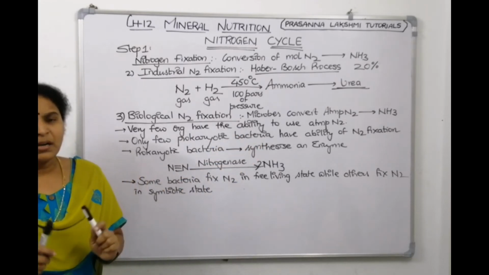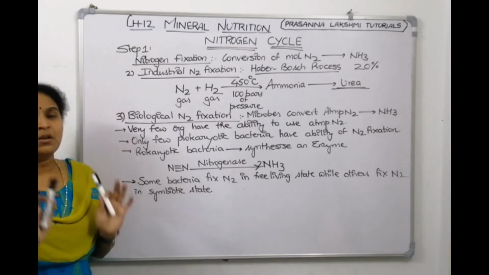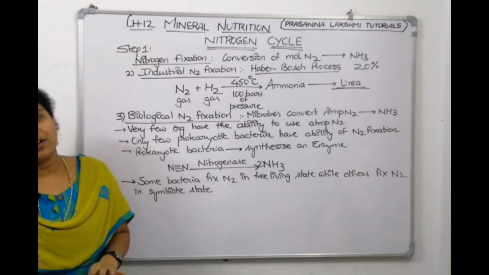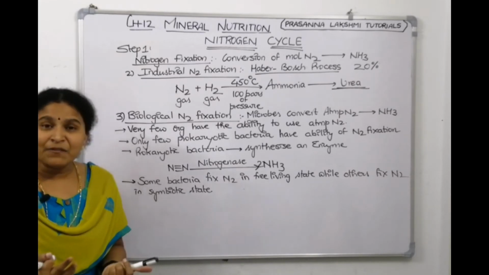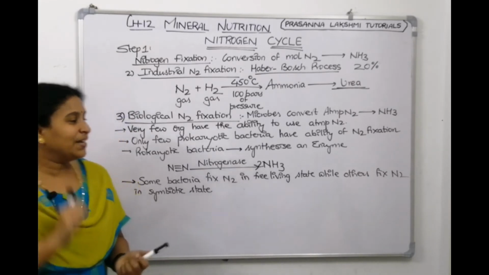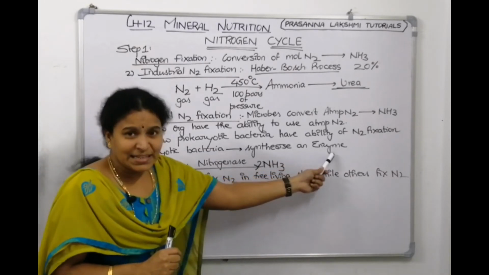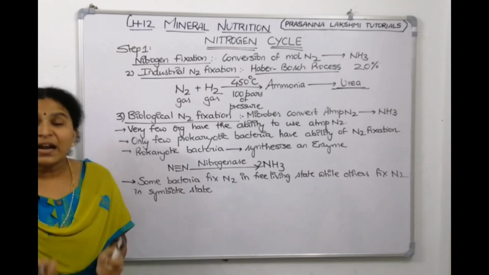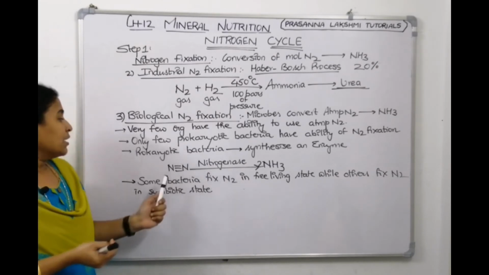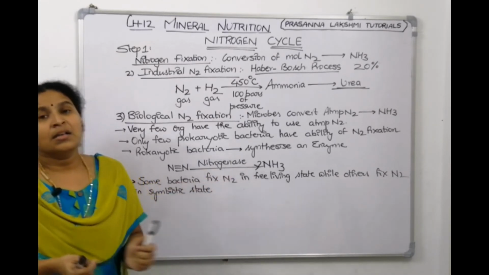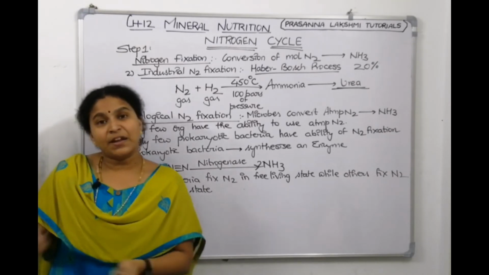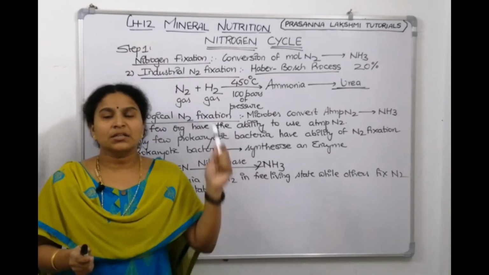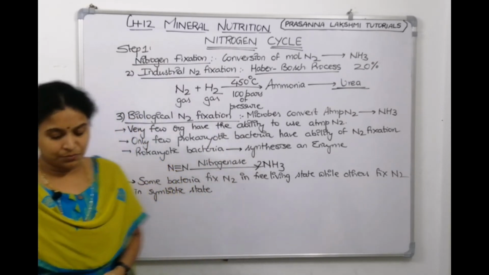Only prokaryotes have the ability to fix nitrogen, because they synthesize the enzyme nitrogenase, which reduces nitrogen to ammonia. Some bacteria can do it in their free living state, and some in symbiotic state. Take a screenshot. We will continue.